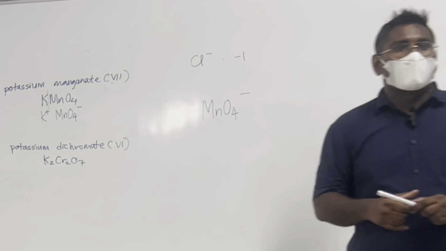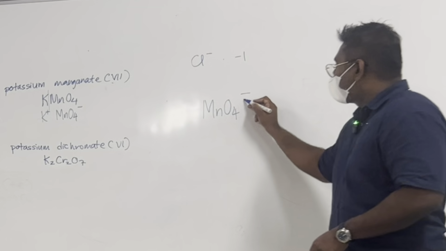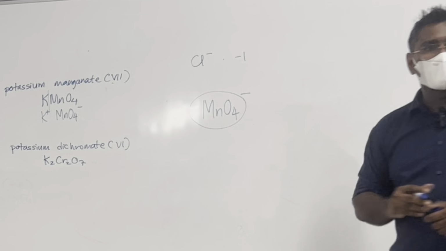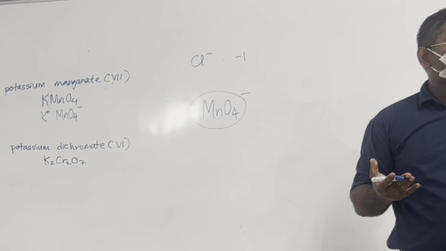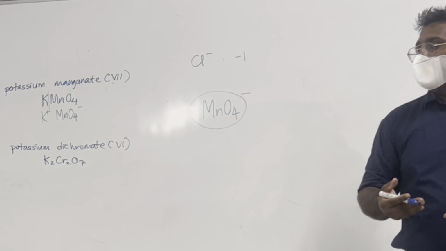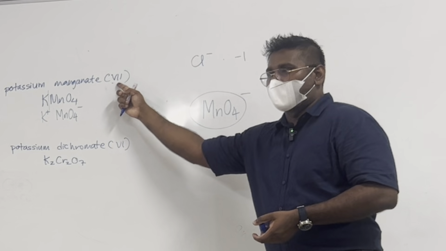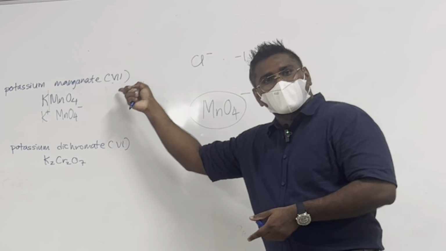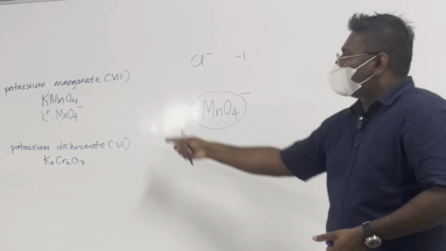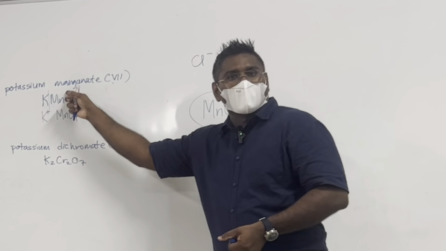The overall charge of this ion is negative 1. I'm going to show you how I can get this number, and I will get plus 7 for manganate.